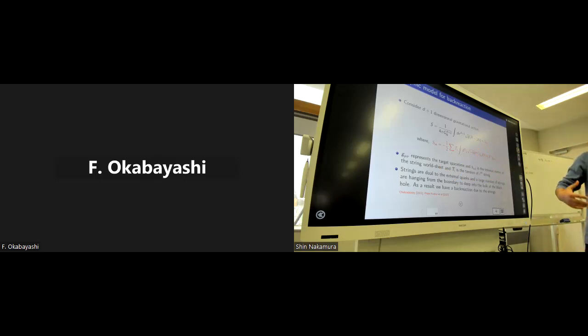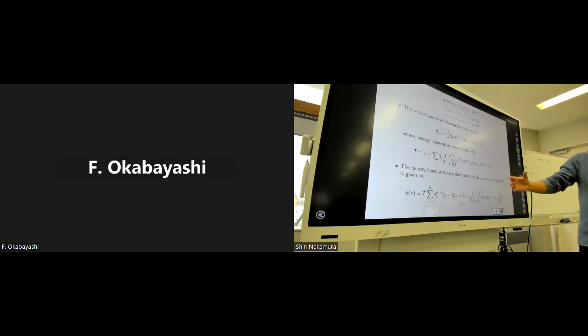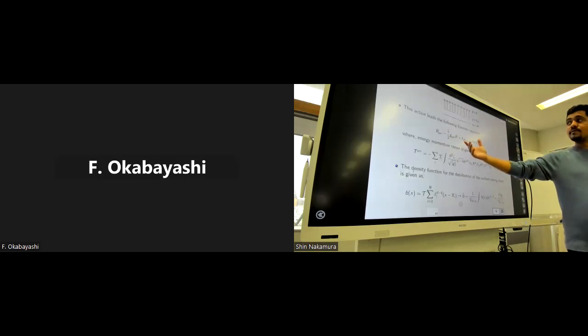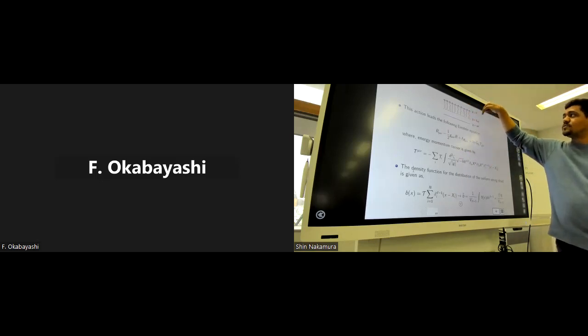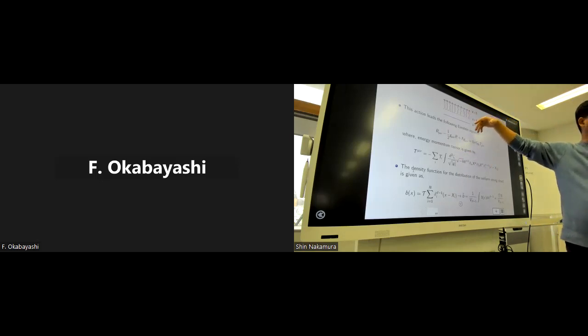Now what you do, you vary this action with respect to the background metric, and you end up with this Einstein equation. Okay. So here you can see the picture: on the boundary, z equals 0 is the boundary and this is the horizon, and here you have the singularity of the background.